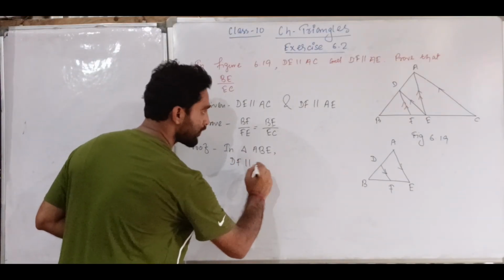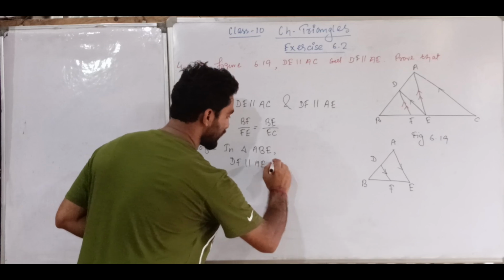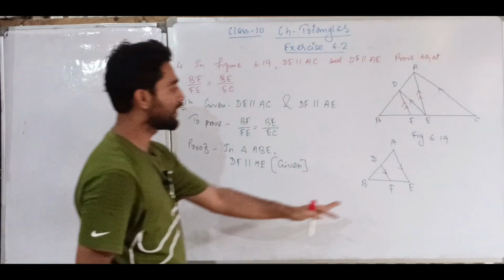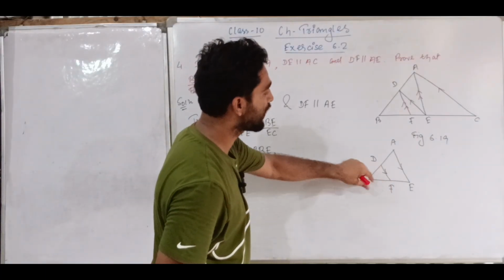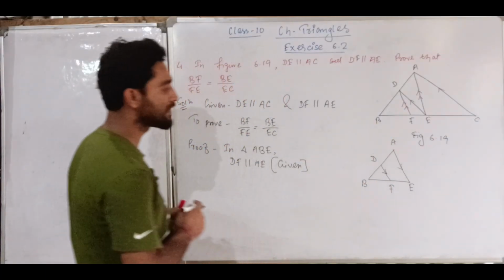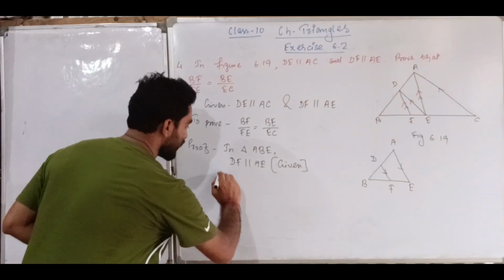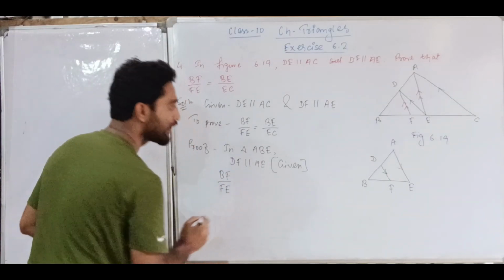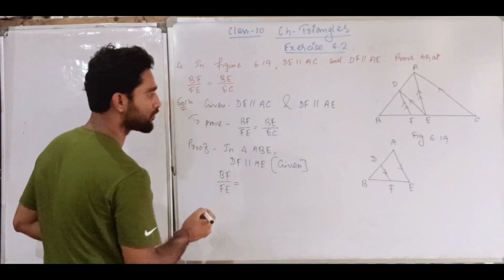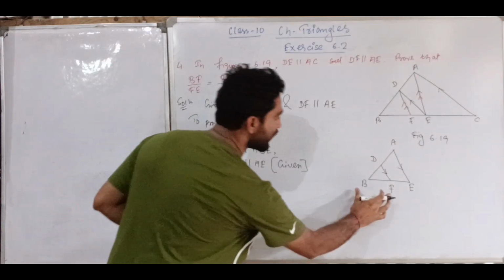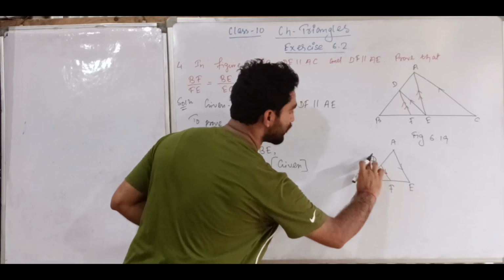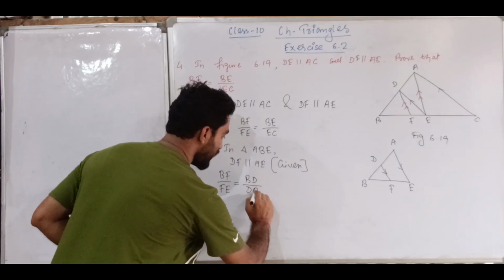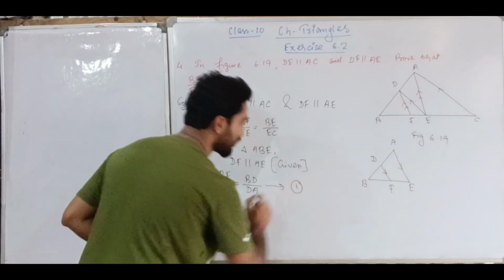DF parallel to AE is given in the question. So in a triangle, when one parallel line is given, this parallel line will divide the other two sides in the same ratio. So what can we write? BF divided by FE is equal to BD divided by DA. This one we can call equation number 1.